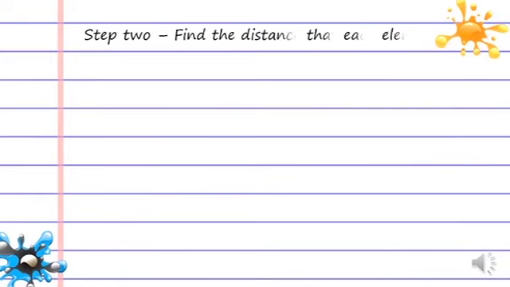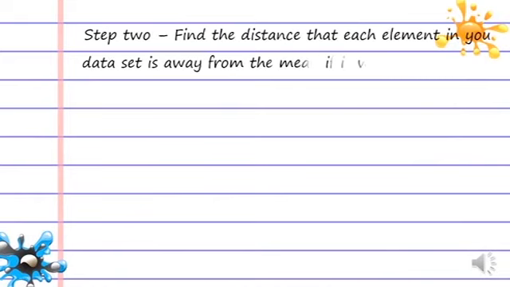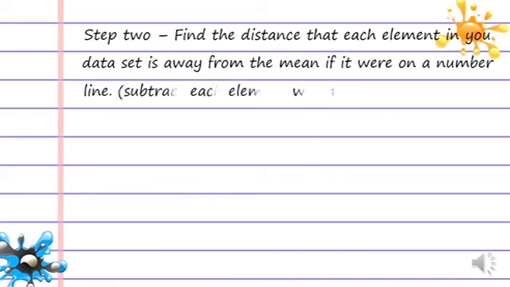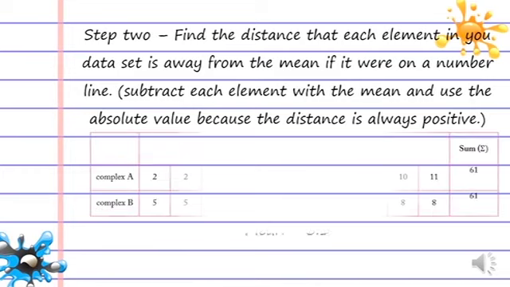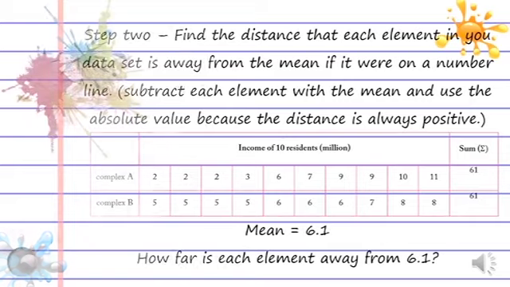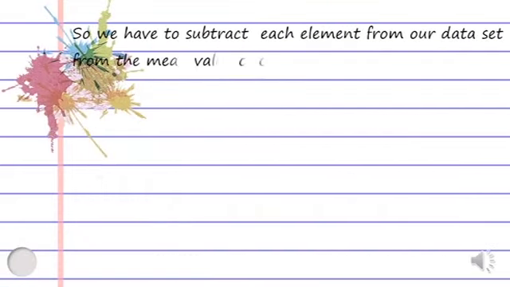After you have figured out the mean value of your dataset, you have to find the distance each element in your dataset is from the mean, as if on a number line. So basically, you are going to subtract the mean from each element and use the absolute value because distance is always positive. So we have to subtract the mean value of our dataset from each element of our dataset.